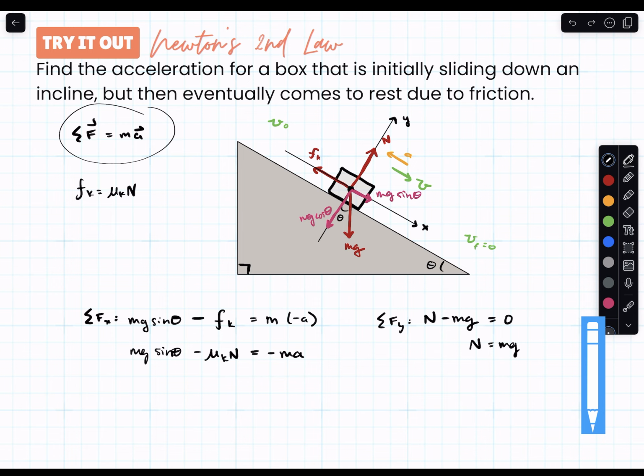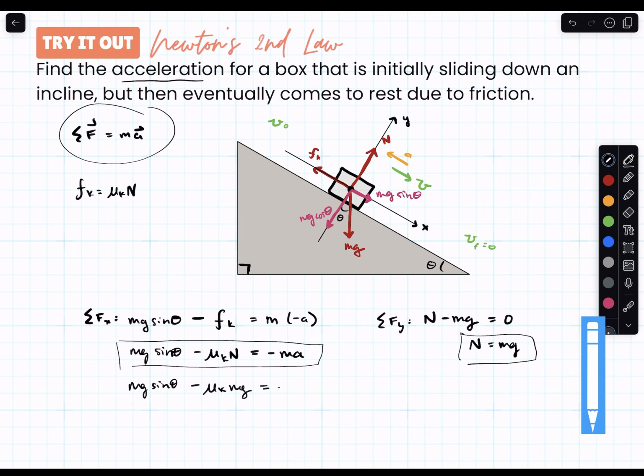Okay, so since we're solving for acceleration, we now have these two equations to work with, and one of them is a lot simpler than the other. So we'll say mg sine theta minus mu_k mg is equal to negative ma. Fascinatingly, all of our m's are going to cancel, so we don't actually need that, and then we're pretty much done. So acceleration is going to be equal to mu_k g minus g sine theta.